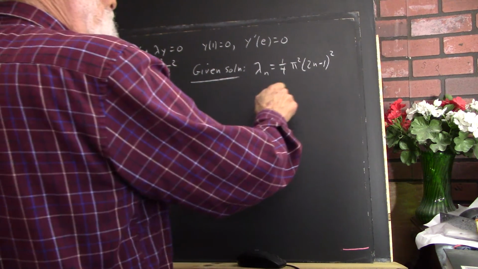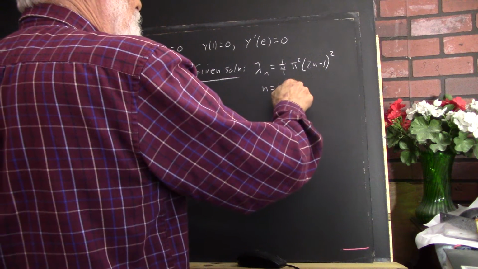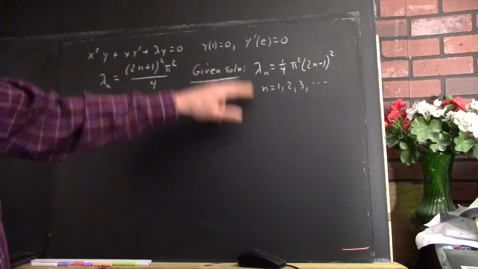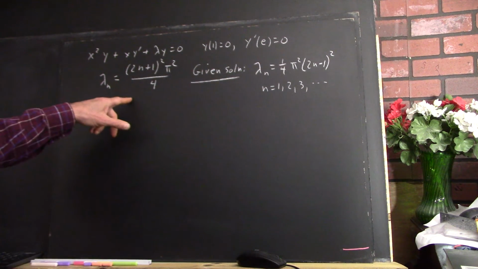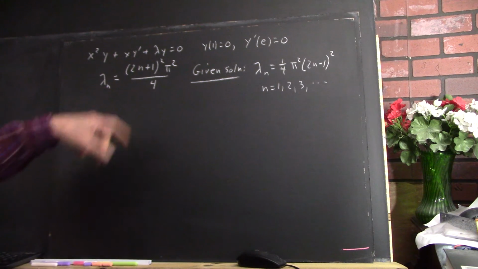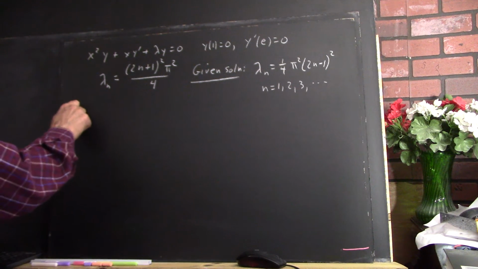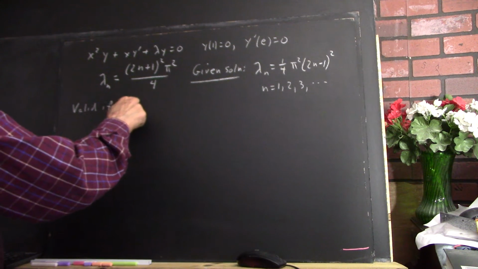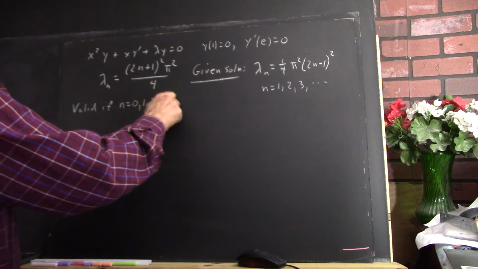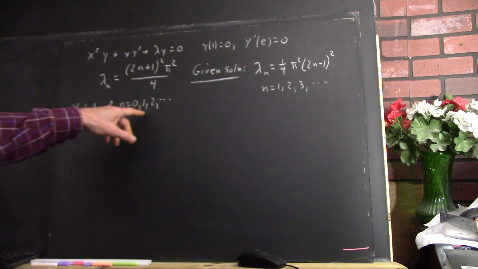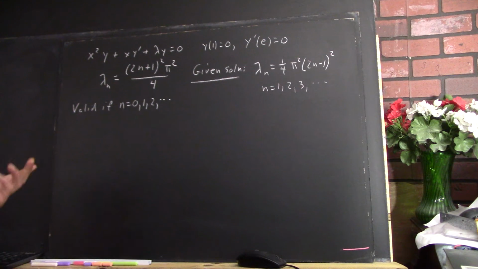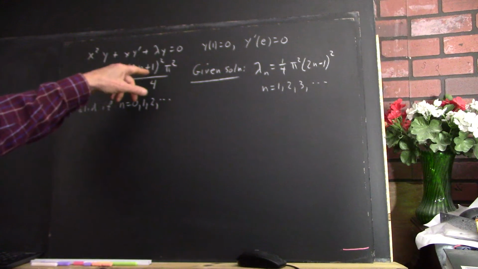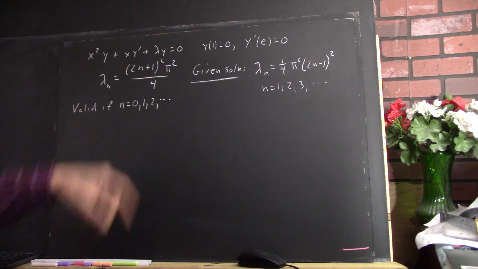And this is with n equal 1, 2, 3, and so forth. So this is the given solution. This is a perfectly valid solution if you specify n equals 0, 1, 2, and so forth. Because obviously here if n equals 0, you get a 1 here times pi squared over 4.